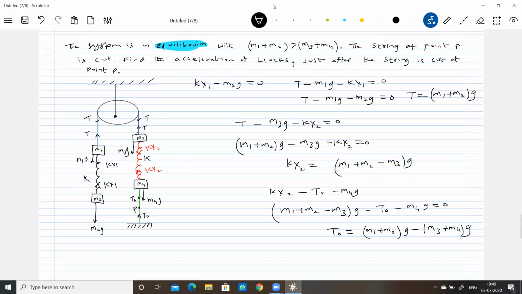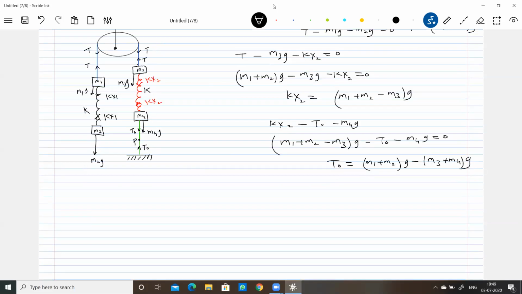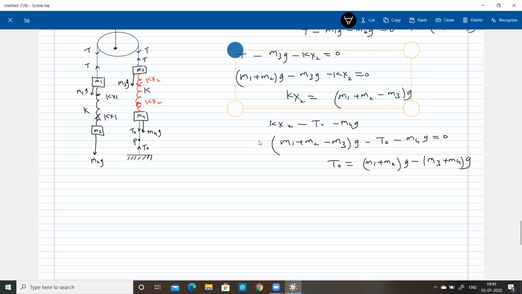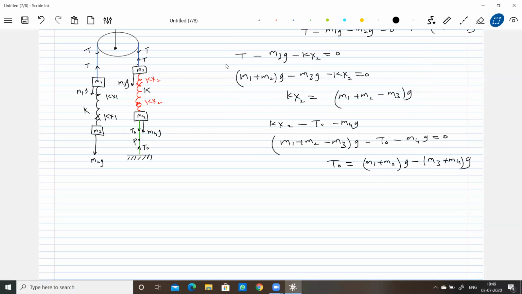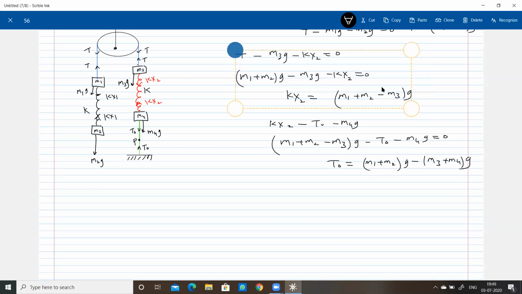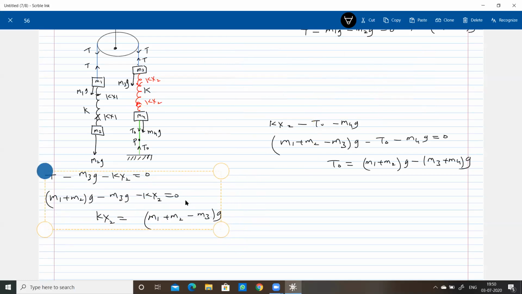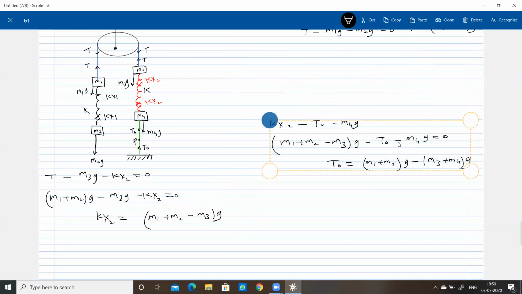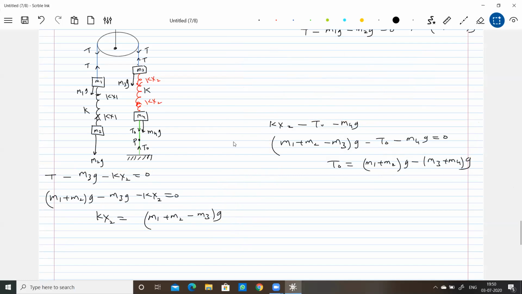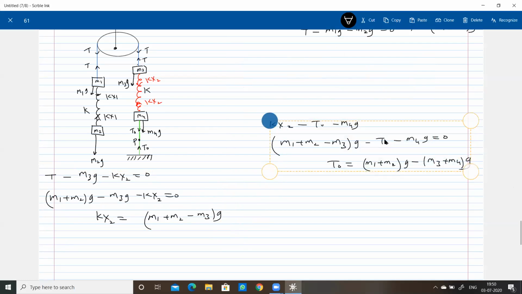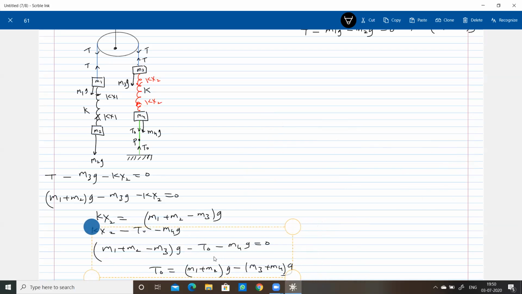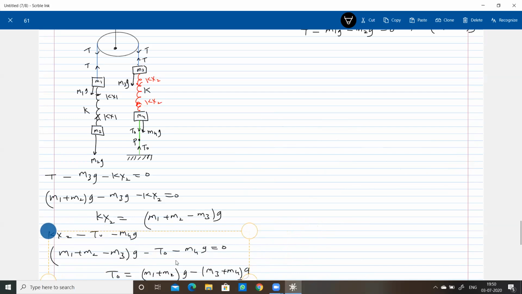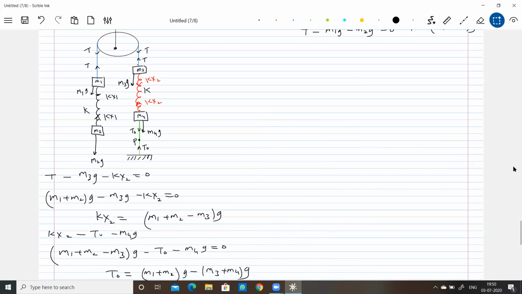Let me see. We can adjust here only. Okay, now we have diagram.